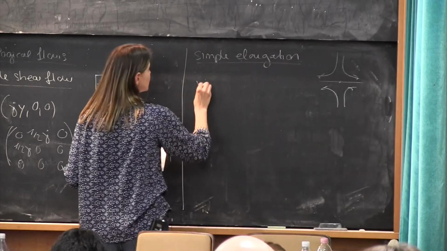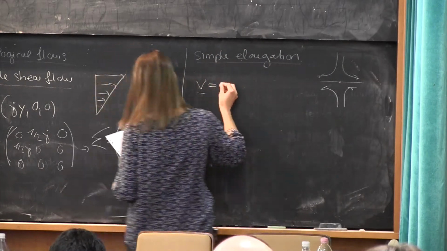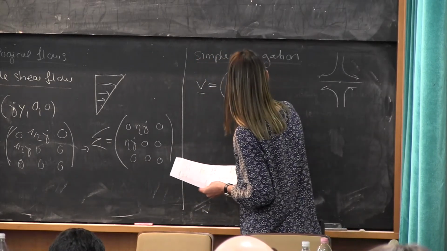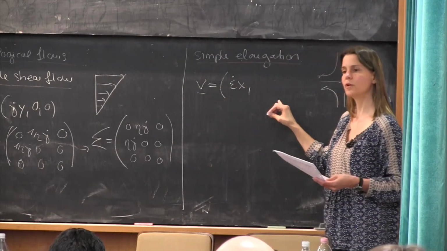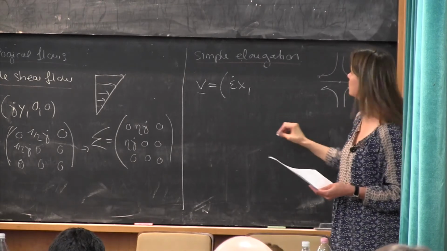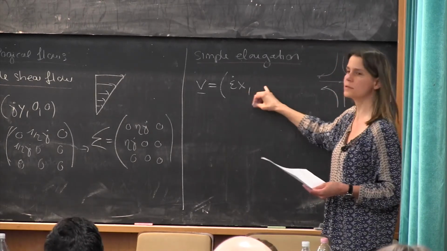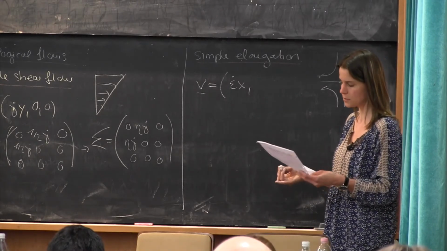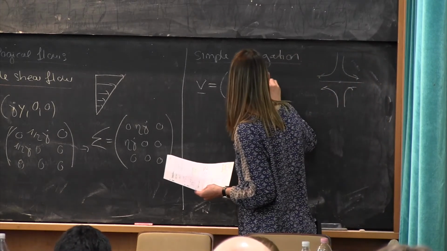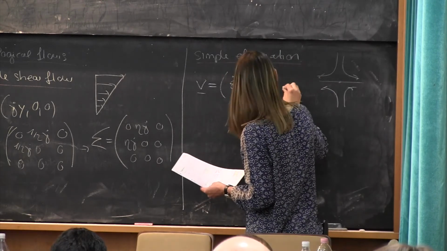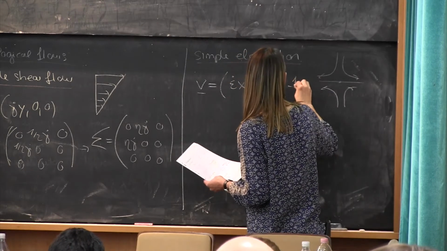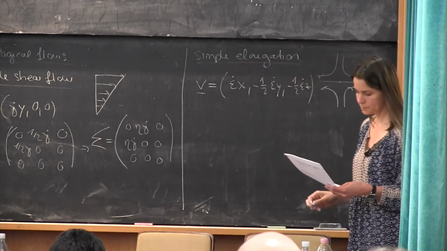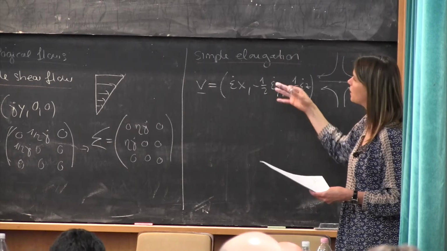In this case, the velocity can be written as the extension rate epsilon dot times x. In the previous talks this had been written in 2D, so there was x here and minus y here. I will write it in 3D. As we need mass conservation, I will have 1/2 epsilon dot y and minus 1/2 epsilon dot z here.